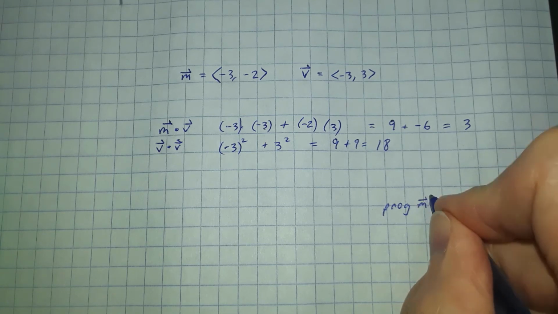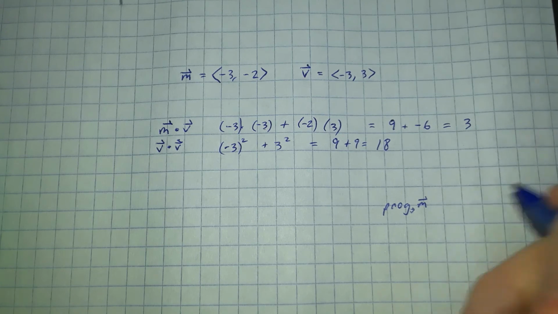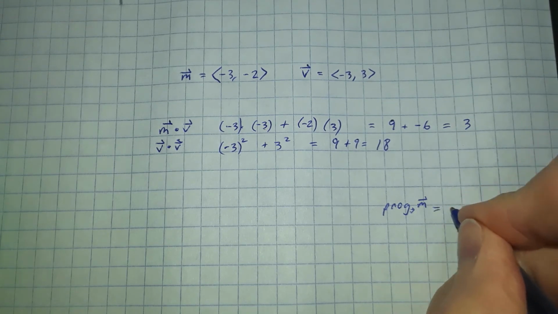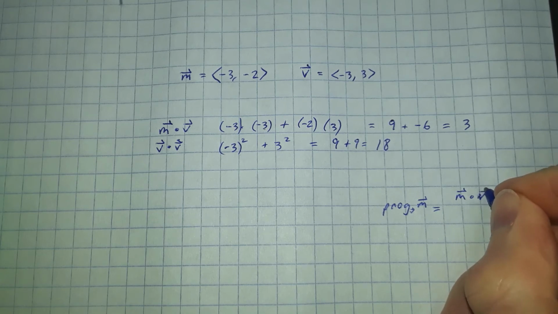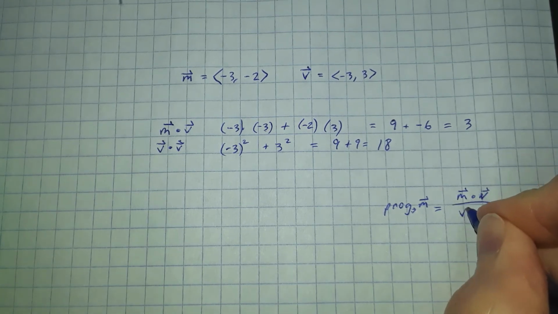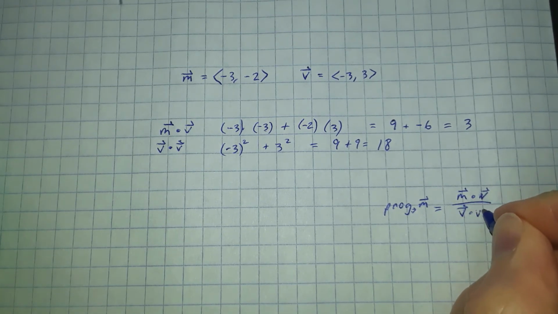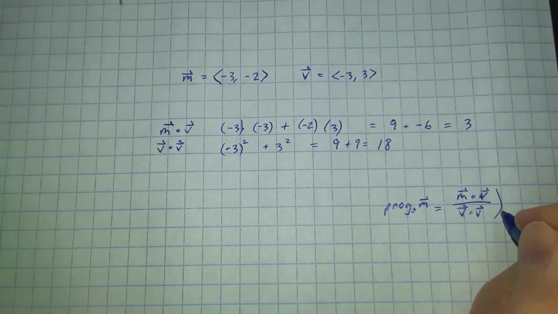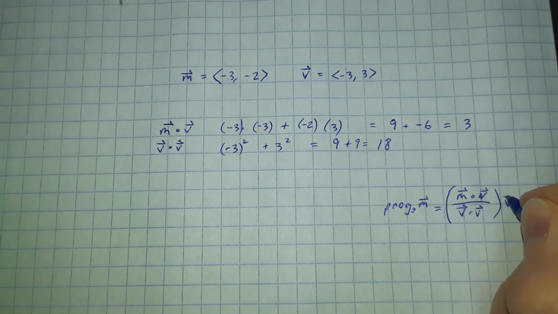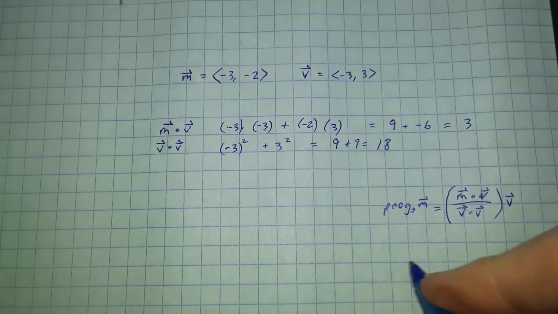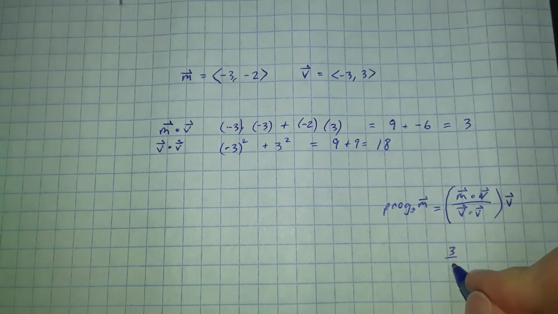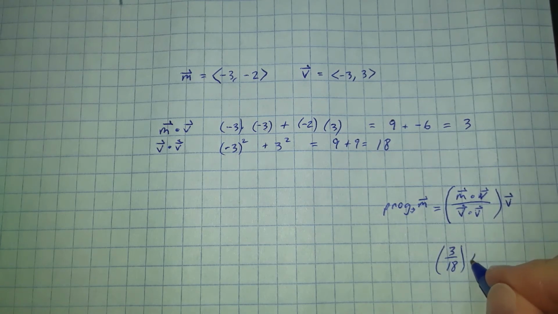So we're looking at vector m with respect to vector v here. And so we have vector m dot vector v over vector v dot vector v, and then we're going to use that as a scalar on the vector v. So filling in the numbers, I have 3 divided by 18, and that's going to be multiplied by vector v.